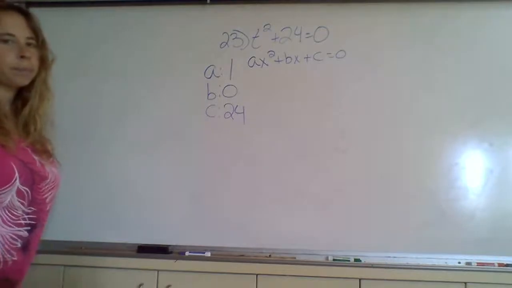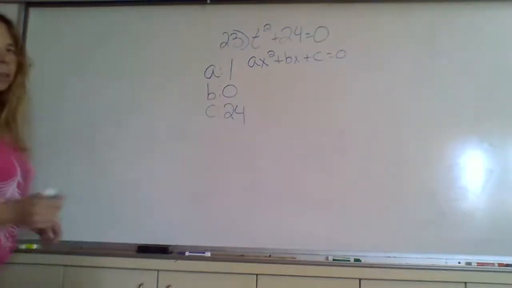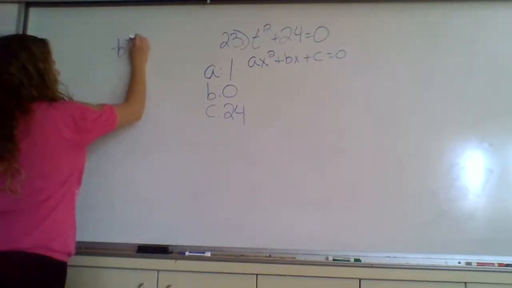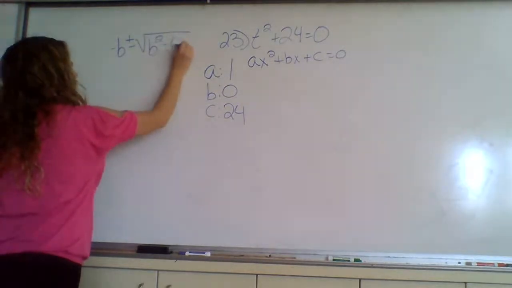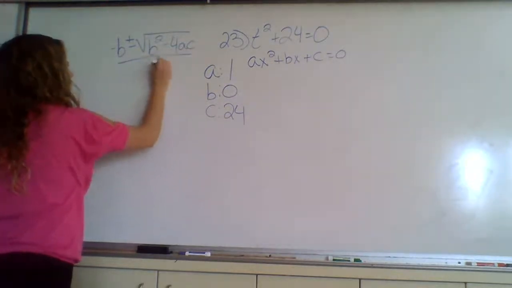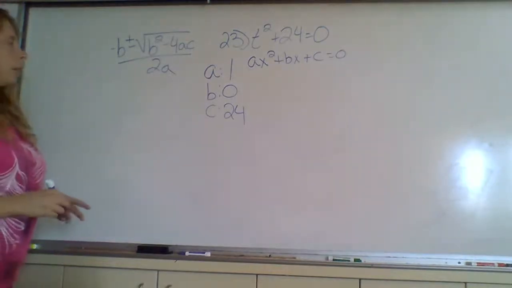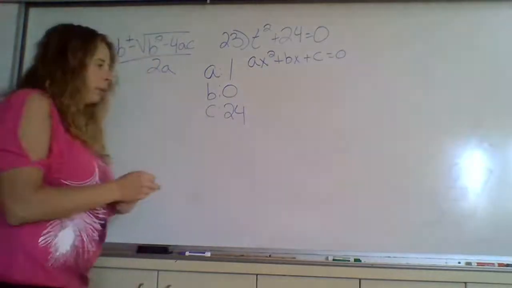Okay? All right. Then let me write down the quadratic formula: negative b plus or minus the square root of b squared minus 4ac, all over 2a. All right, there it is. Then we're just going to substitute in, using a different color.